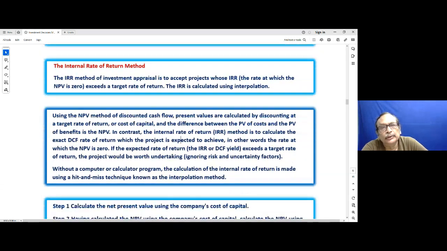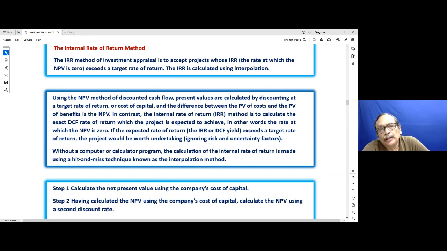Now we are coming to the internal rate of return method. As the name suggests, internal rate of return is a trial and error procedure.